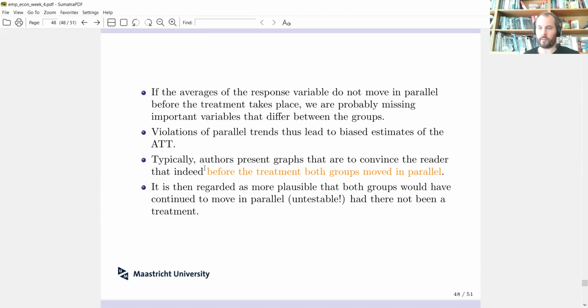This is what we want to see. This makes it plausible that had the treatment not been there, they would have simply continued moving in parallel. Again, the assumption itself is absolutely untestable because we can never observe what would have happened to the treated without the treatment.